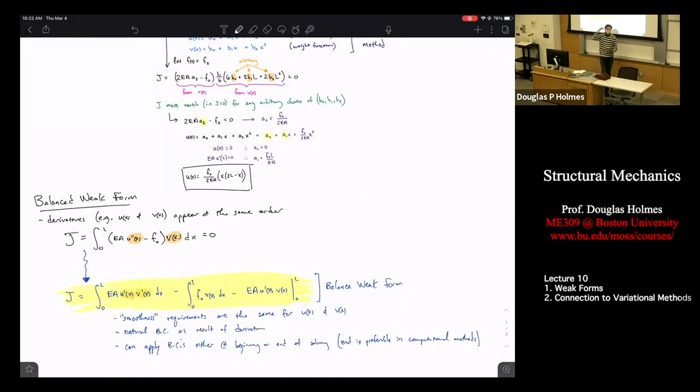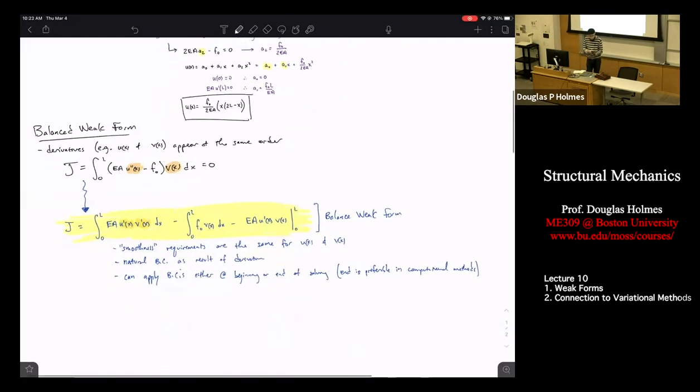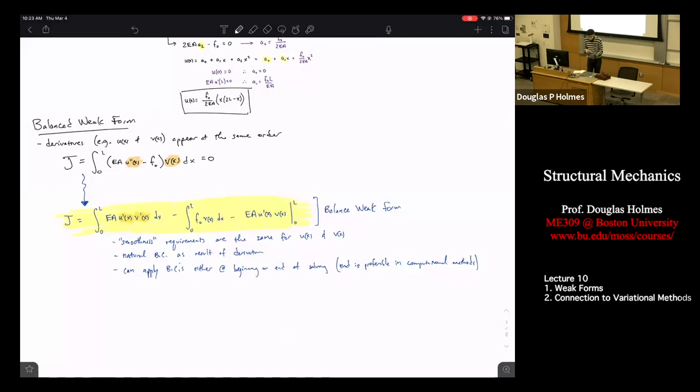So we have an arbitrary displacement, integration by parts. The weak formulation is very, very closely related to the principle of virtual work and the tools that we've developed for the calculus of variations. And so let me just lastly show you that, just for clarity.